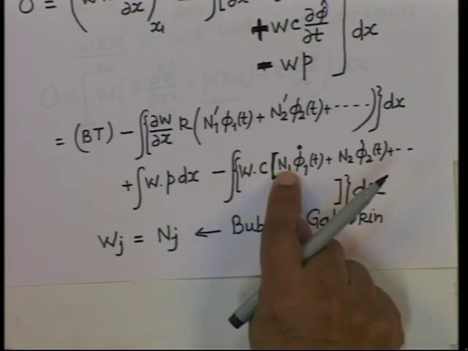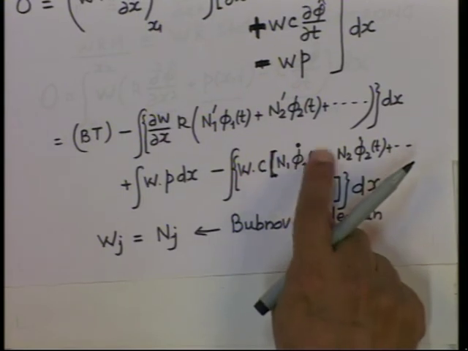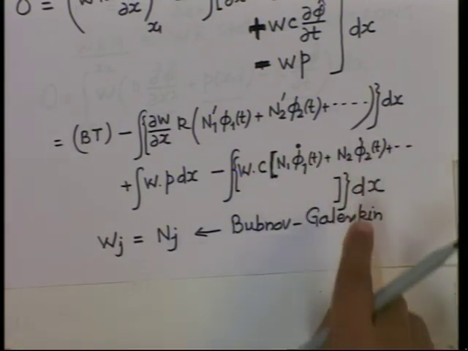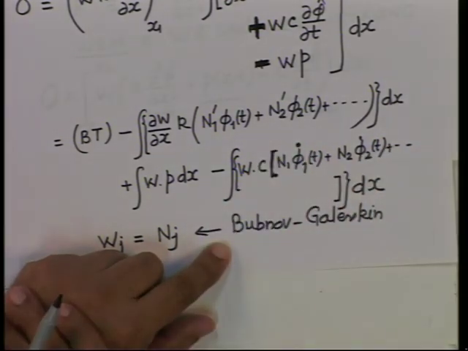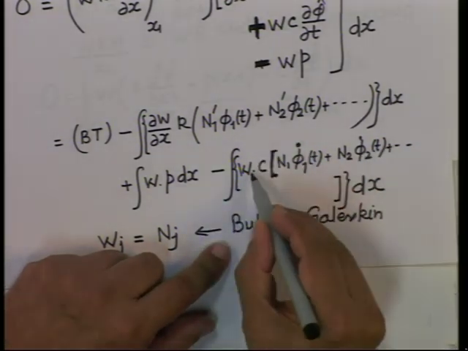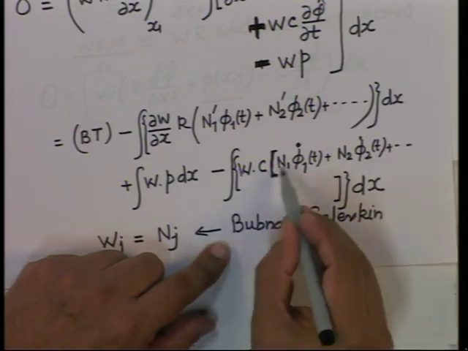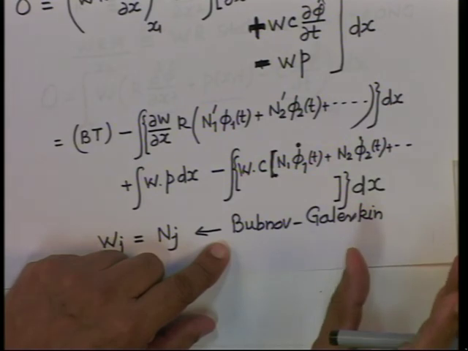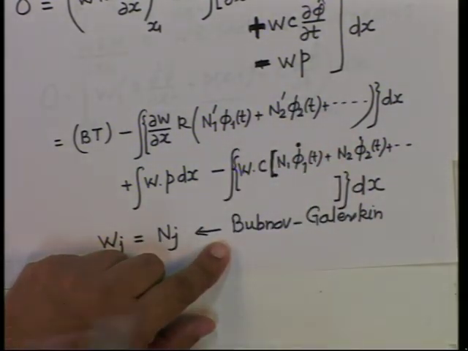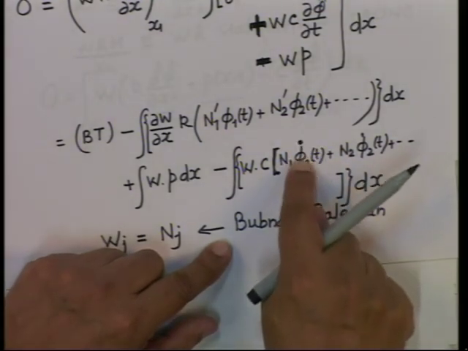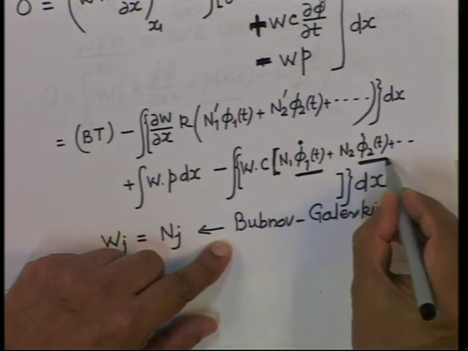Now, those are the only ones which are functions of x. This is not a function of x, φ dot of t. So that means I can integrate those quantities, each one. That means N1 N1 times dx, N1 c times dx, I can integrate from whatever integral is there. Then this can be taken outside the integral. This quantity is independent of x, this quantity is independent of x.